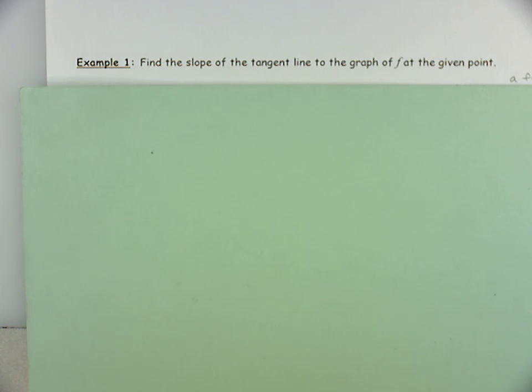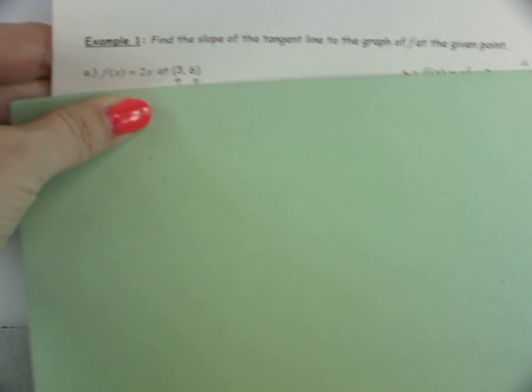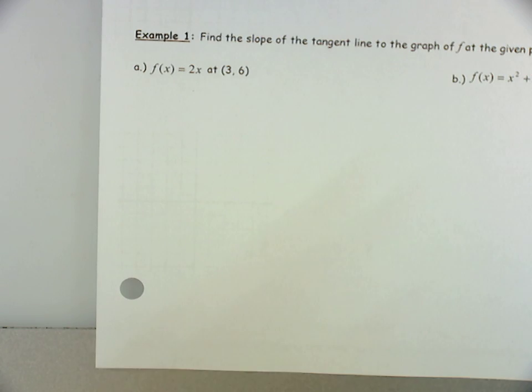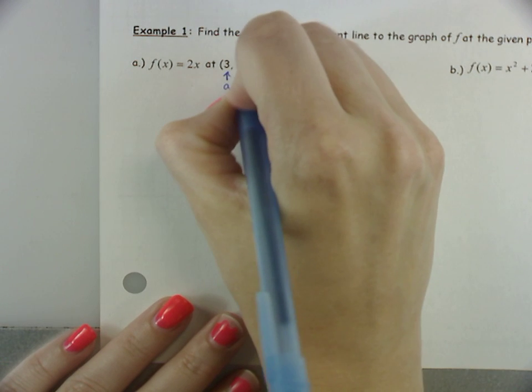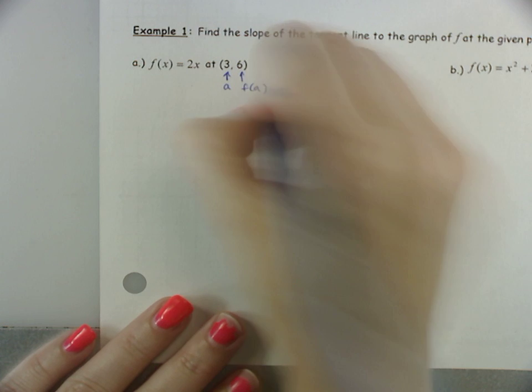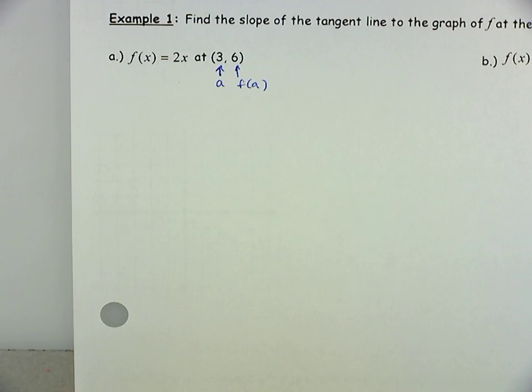Whenever you are given a point, I'm going to show you how to label it. Your point is going to be your a value and your f of a value.